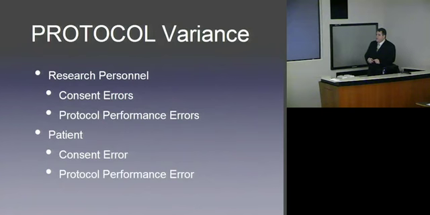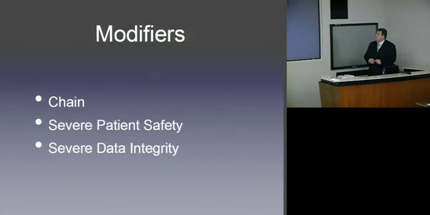And then there were protocol variances in our taxonomy, which we broke down into the research personnel and those attributable to patients. And then there were modifiers. A chain event is something, as one variance occurs and causes another down the line. Those are what we call chains.